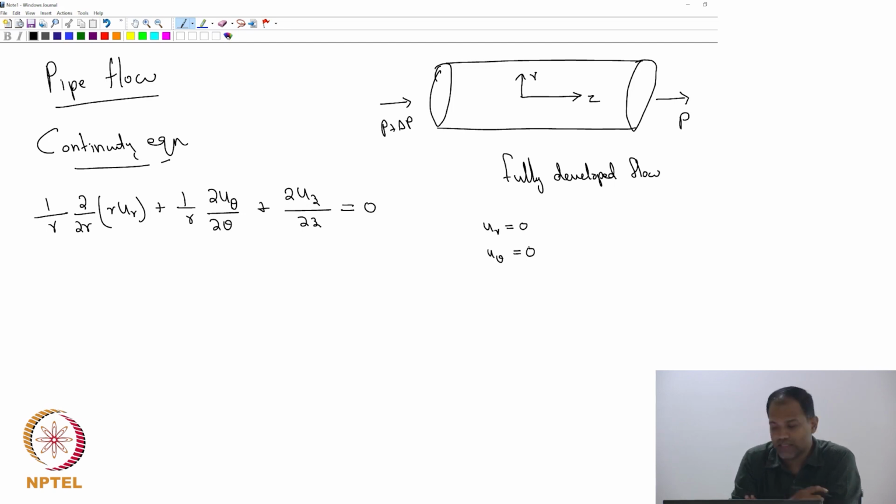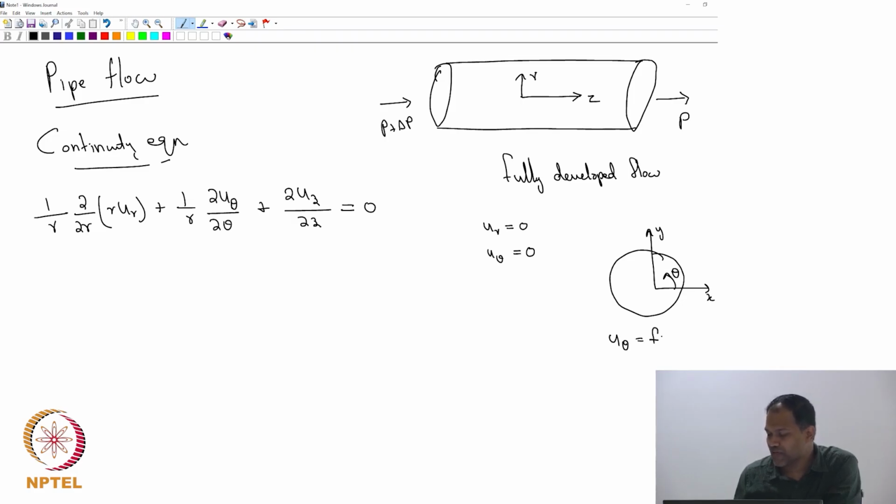U theta is essentially, so let's look at a cross section of this pipe. Let's say that's a cross section. Flow is coming from behind the screen, through the screen to outside, and let's say you have an x, you have a y, and that's what you define as theta, right? So then I could say that my u theta will come out to be some function of theta.